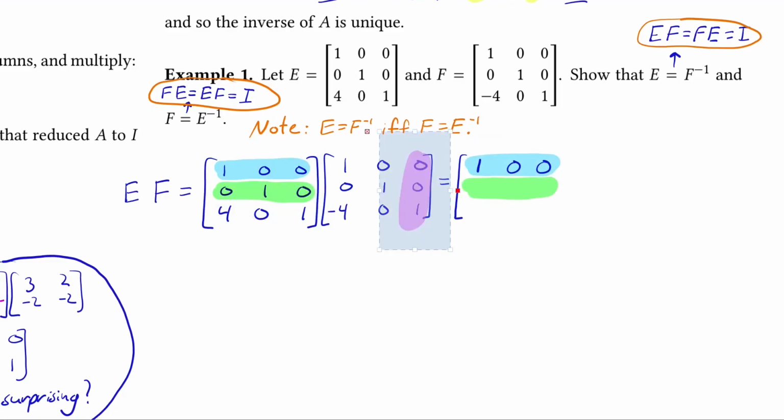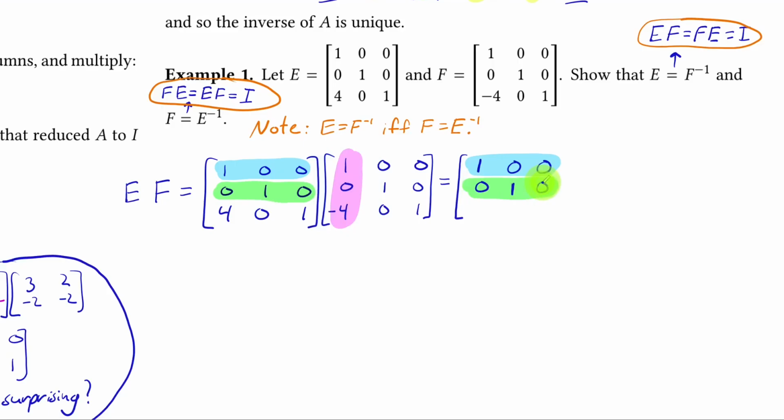And a similar thing will happen in row 2 of EF. So if we're in row 2, column 2, then you do 0 times 0, 1 times 1. Hey, that lines up, that gives you 1. But in the other columns, all of the zeros line up with non-zeros, and that becomes 0.